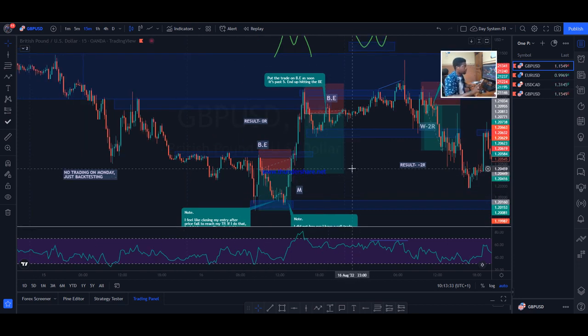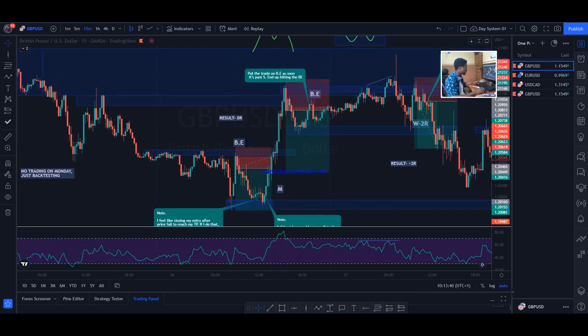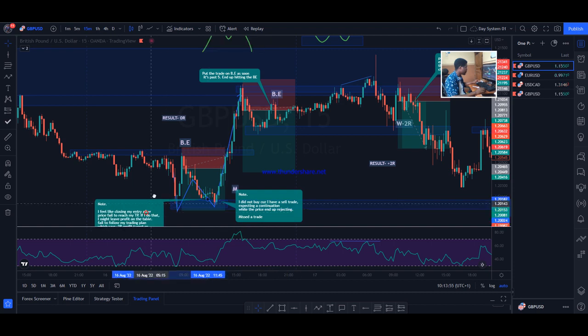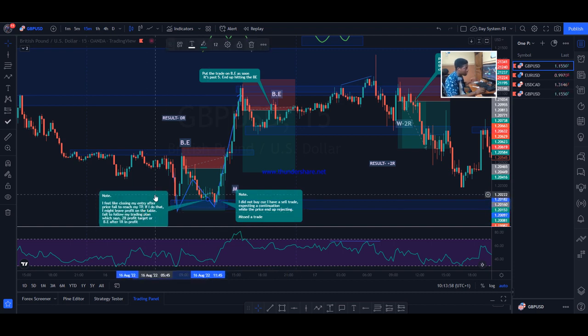So on Thursday, I was waiting for a rejection on this high, the price going back to this high was giving me an M pattern, together with the trend or against the trend. So you have this M pattern here.